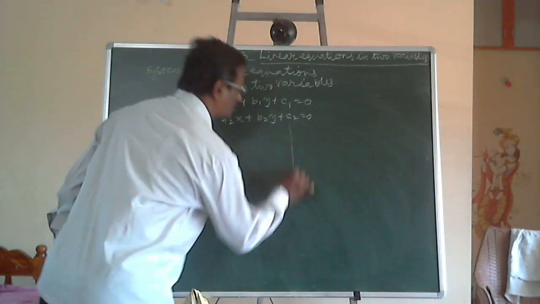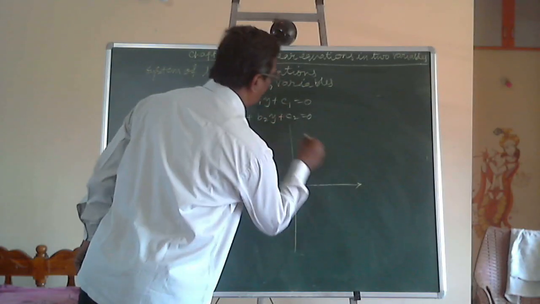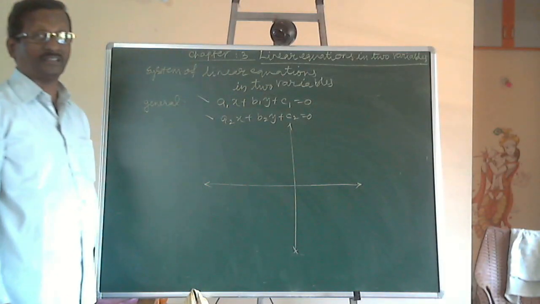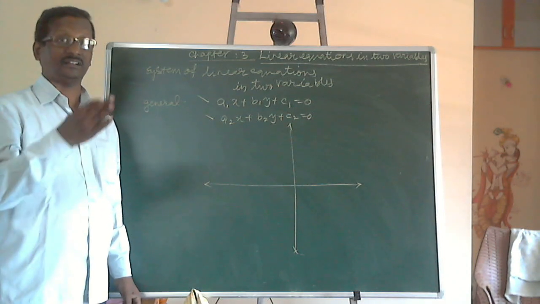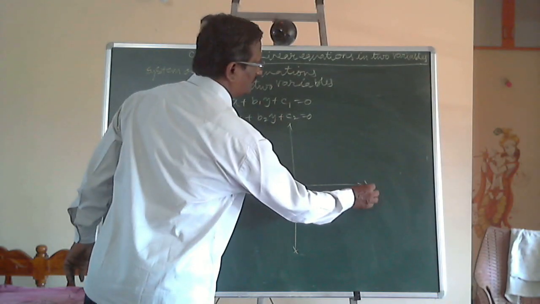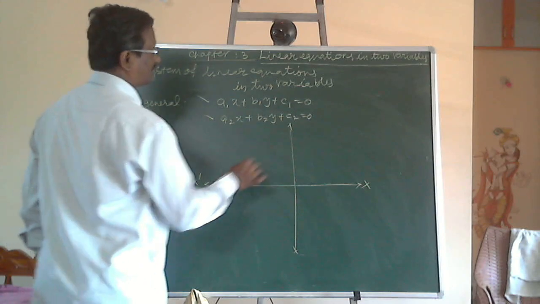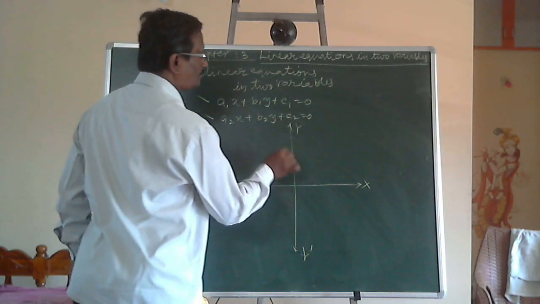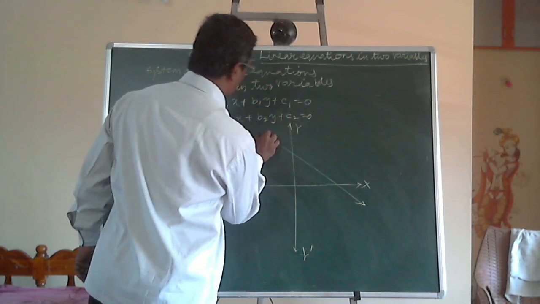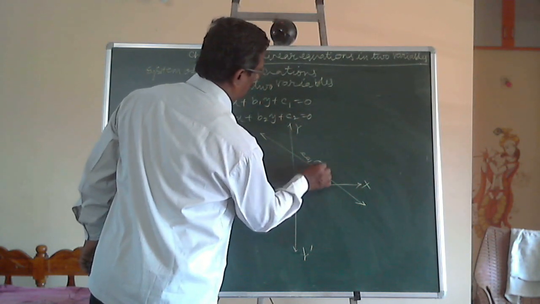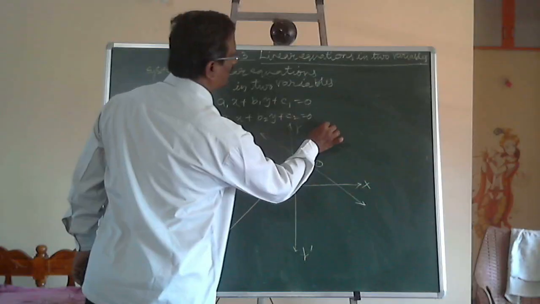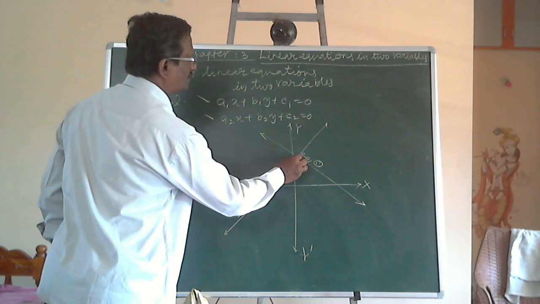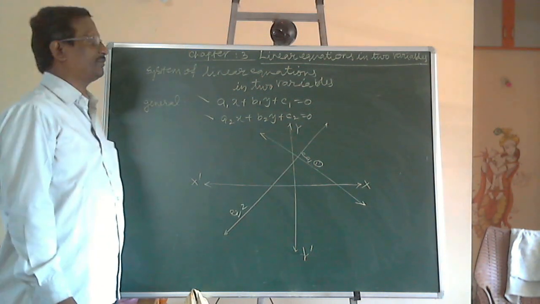In case the two equations are representing intersecting lines, this is the x-axis, we name it XX dash, this is the y-axis, we name it YY dash. The first equation is representing this straight line, equation 1, and the second equation is representing this line, equation 2. The two equations are together intersecting exactly at one point.